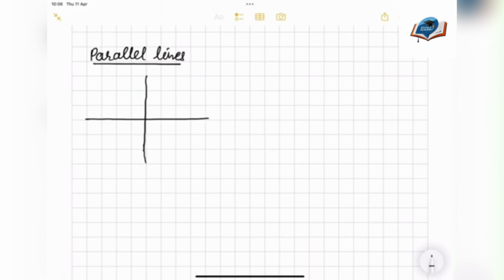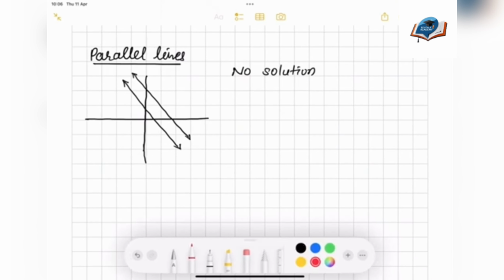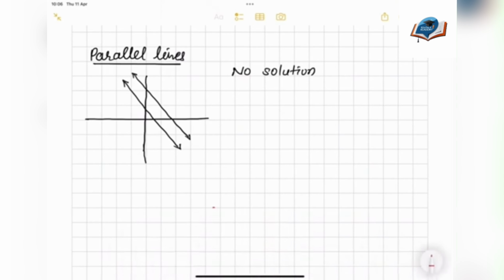Now let us talk about parallel lines. See, for parallel lines, let me first draw the figure and show you. Here both the lines will be at equal distance from each other, so they will never meet. These two lines we call parallel lines, and they never meet, so there is no solution as they don't meet at all.